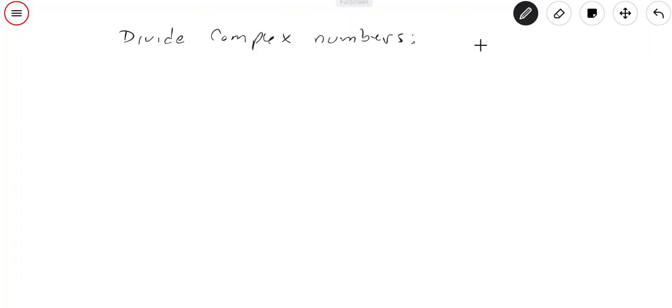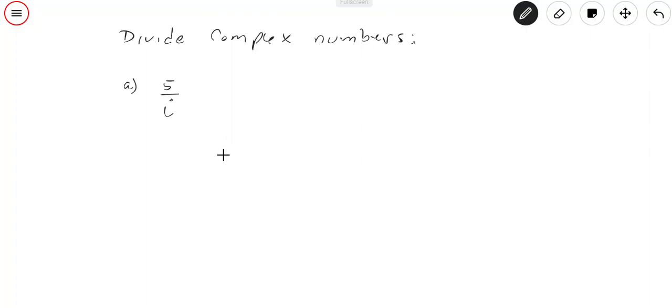So let me start with a very simple example. I have 5 over i. In what consists the division of 5 over i? Well, basically here what you have in your denominator is a square root, because you remember that i is the square root of negative 1.